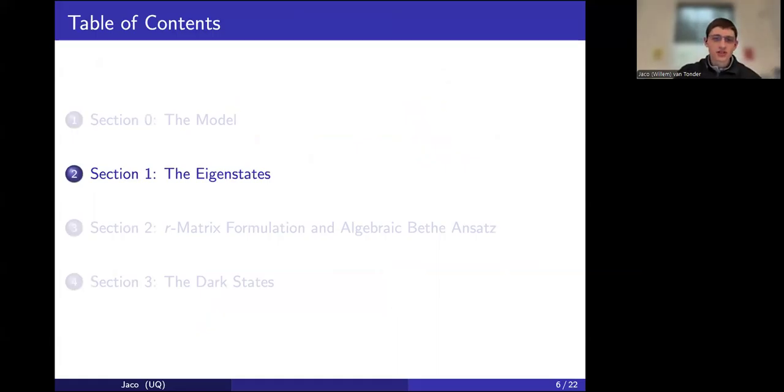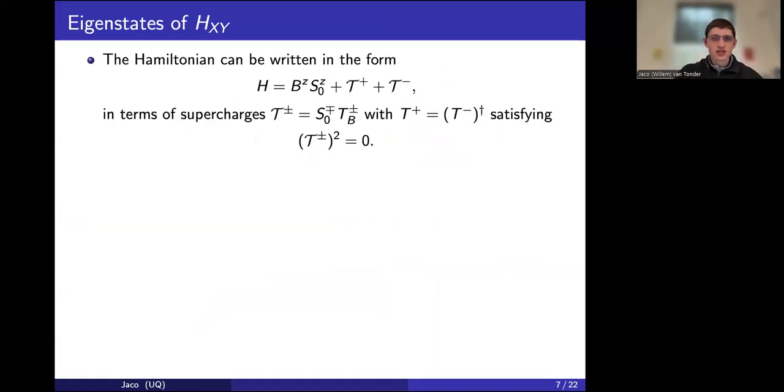So next we'll get to the eigenstates. The key thing to realize with this Hamiltonian is that we can write it in terms of the supercharges. They square to zero and they are just the Hermitian adjoints of each other.